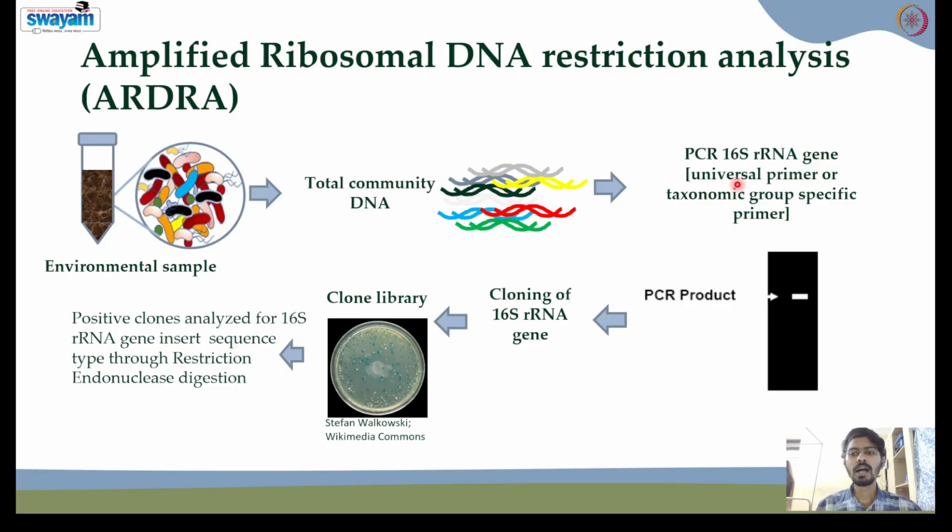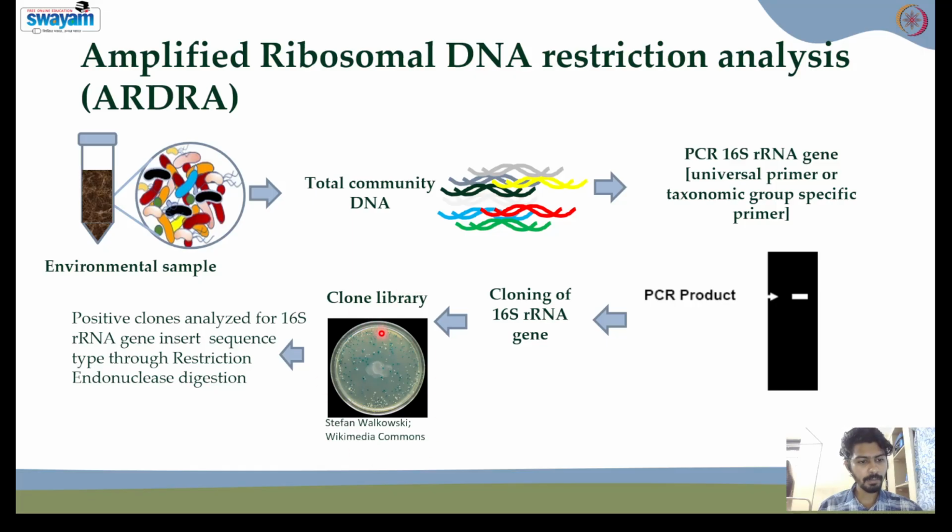Once you have amplified the 16S rRNA gene, you confirm it through agarose gel electrophoresis. This PCR-amplified gene then has to be integrated into a vector. So the next step is cloning the 16S rRNA gene into an appropriate vector, and then you create a clone library.